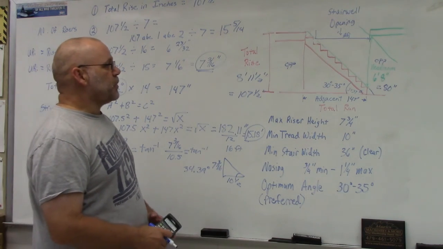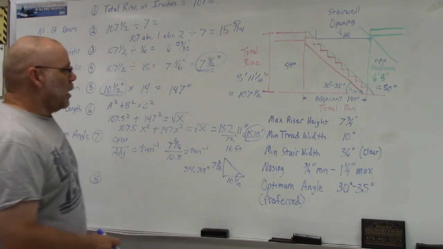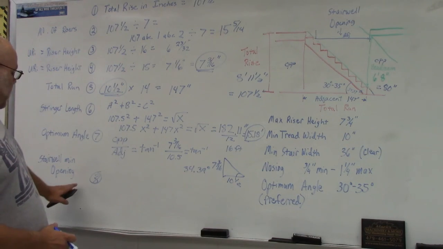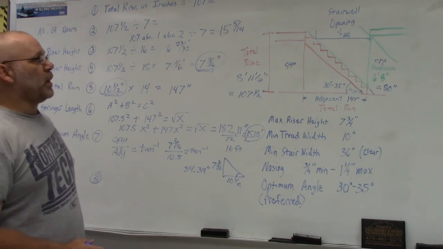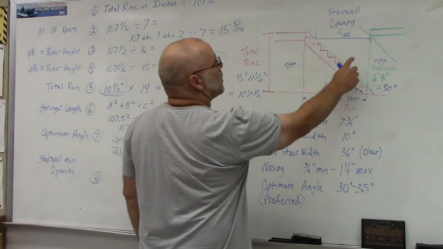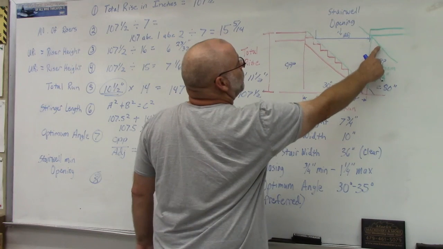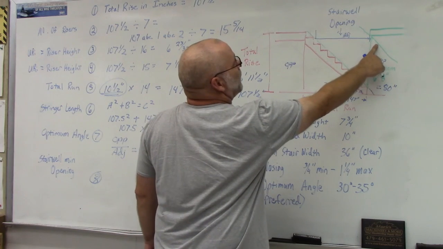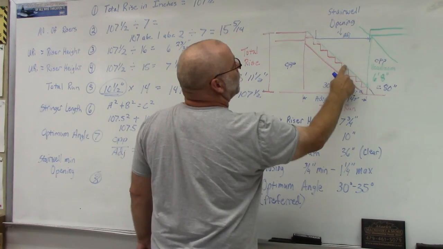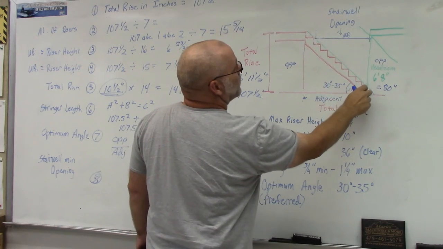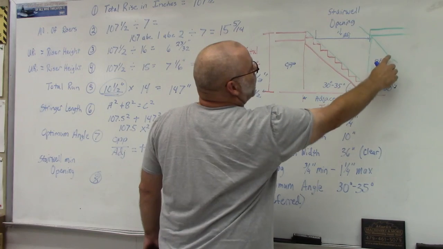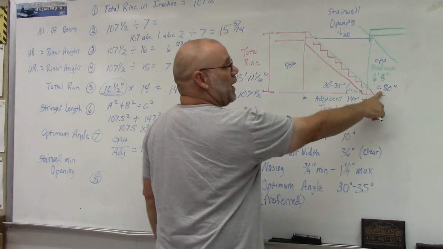All right, so last thing we need to figure out then is our stairwell minimum opening, which is the distance from this line right here, which is parallel to this line. This line runs along the nosing of the staircase, and this one is parallel to it at a distance of 80 inches.